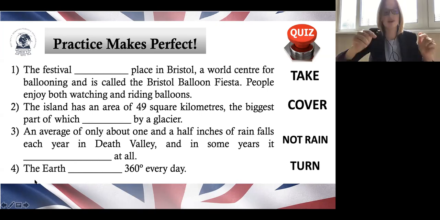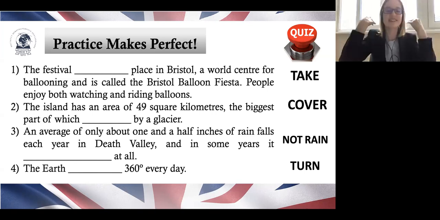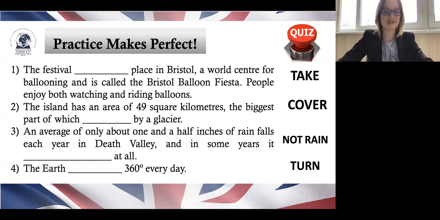Feel free to type your answers in our chat. For example, number 1. You think took, okay. Took. Present simple with s, okay, takes. Any other suggestions about number 2?